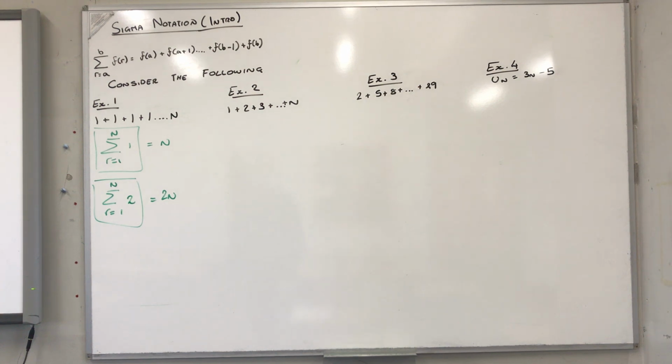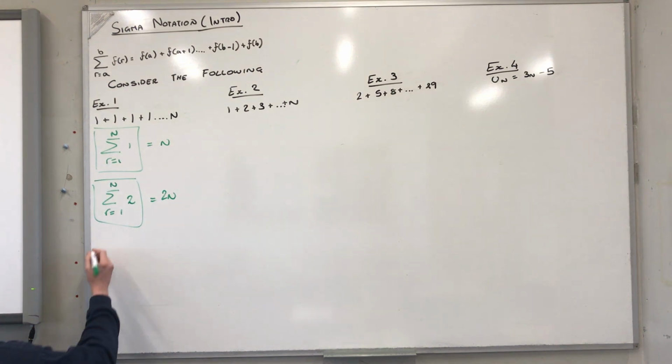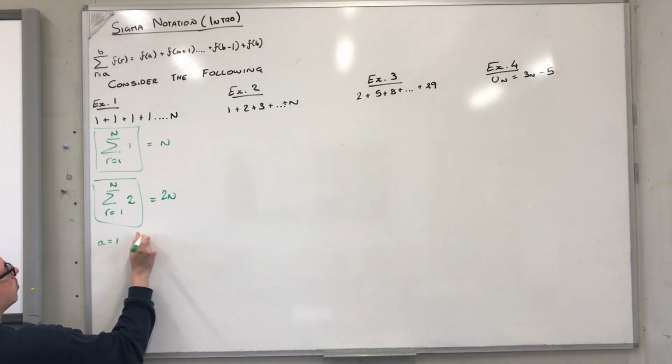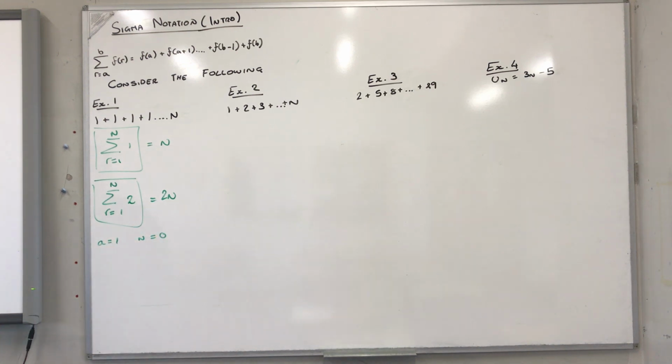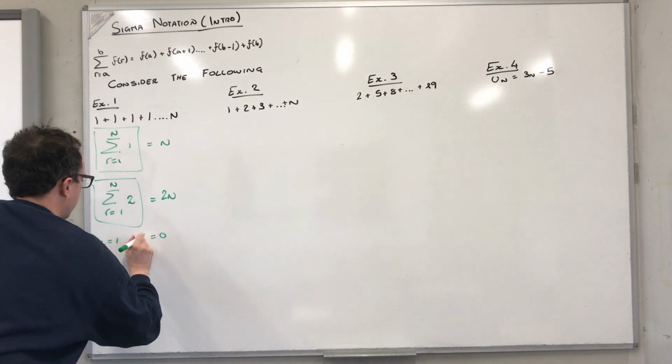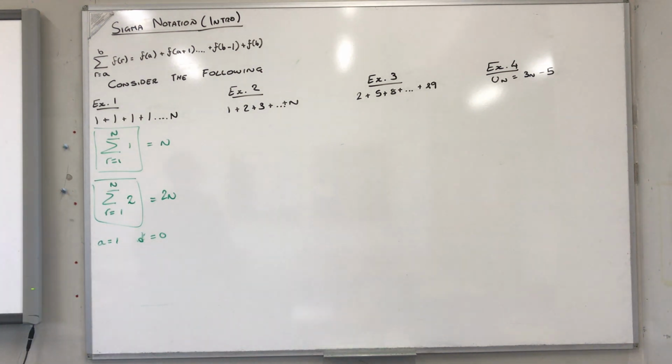Okay? And I would be able to prove that for you. So let's take the first one, 1 plus 1 plus 1 plus 1 up to n. That's just an arithmetic sequence with the first term as 1 and the common difference being 0. And our standard way of calculating the sum would be to put it into the formula.